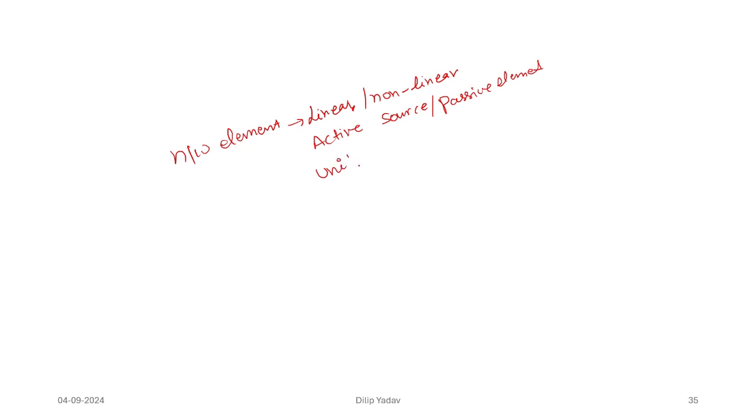We studied what is a linear circuit, linear and non-linear, and what is an active element, active source, or passive element, what we call unilateral and bilateral elements, and we have studied lumped parameters and distributed.